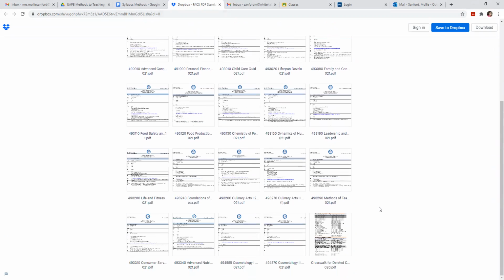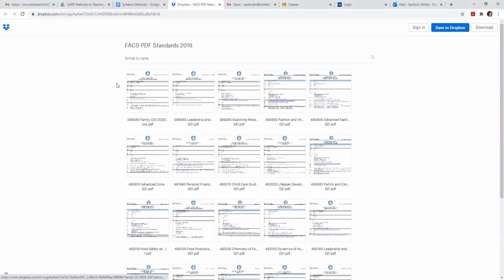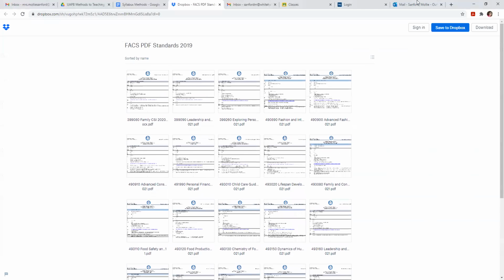This is every single class under the FCS umbrella in Arkansas that you will be able to teach. Family FCS I, that's the 7th and 8th grader class. It's semester, leadership and service learning, fashion, advanced fashion. There are tons and tons of classes we can teach. So these are frameworks.